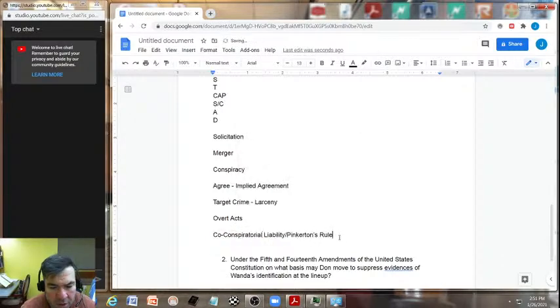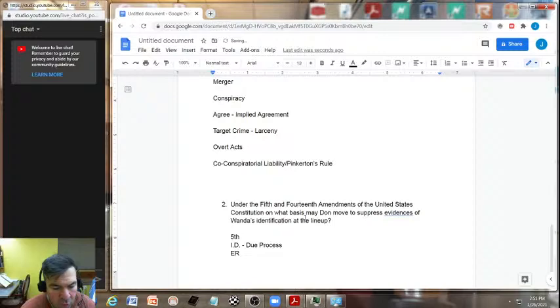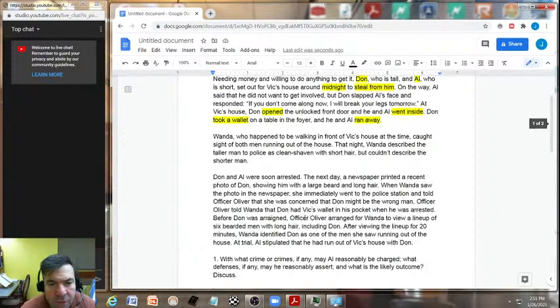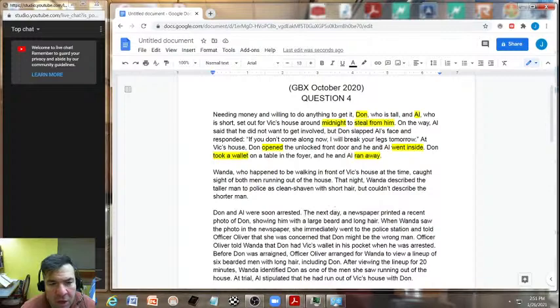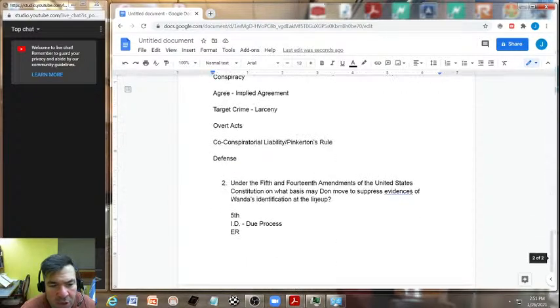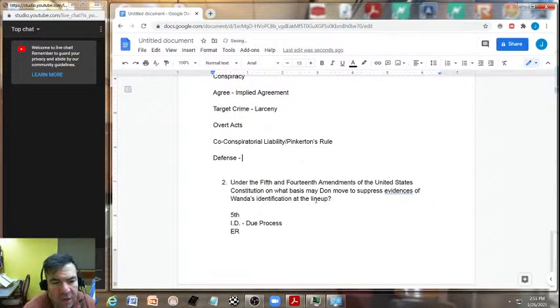Okay, and so now after this though, we want to make sure to talk about the defense. That was when Don slapped Al in the face and told Al that, or first, this as a result of Al saying to Don that he did not want to get involved. At this point, I think we could argue that the first defense is withdrawal.